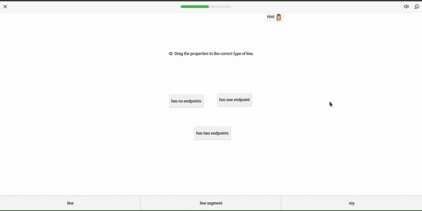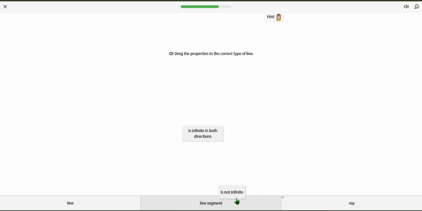Drag the properties to the correct type of line. The line has no endpoints. The line segment has two endpoints, and the ray has one endpoint. Infinite in one direction is a ray.